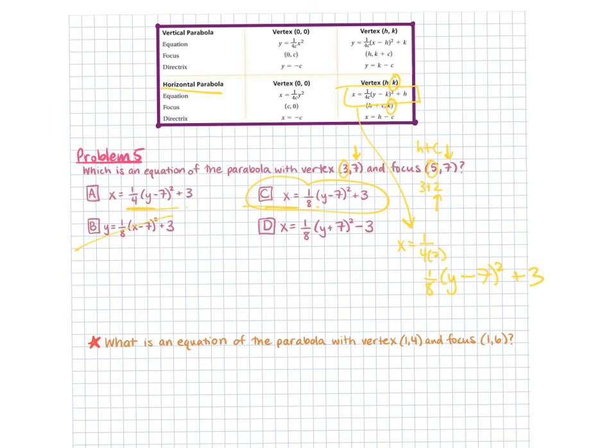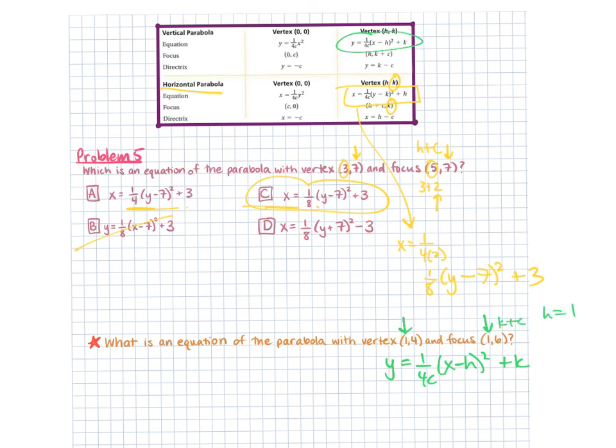Okay, and then this last one, what is the equation of parabola? So it's not multiple choice, so we have to see what matches. The h's match. So this is going to be y equals 1 over 4c times x minus h squared plus k. It's going to be a vertical one. And so our focus is k plus c.